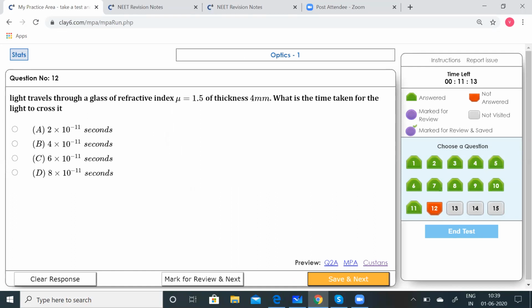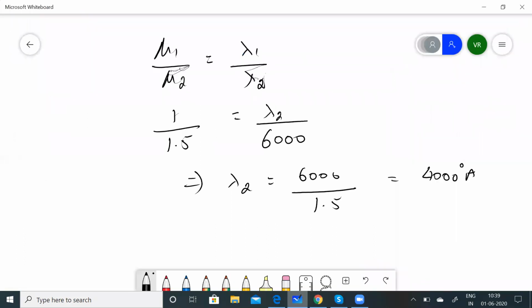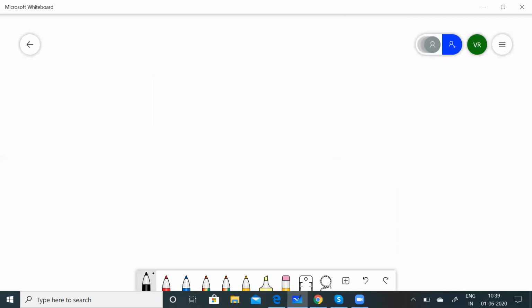Light travels through a glass of refractive index mu equal to 1.5 of thickness 4 millimeters. What is the time taken for the light to cross it? All right. Optical distance in a medium of refractive index mu and thickness x is mu x.